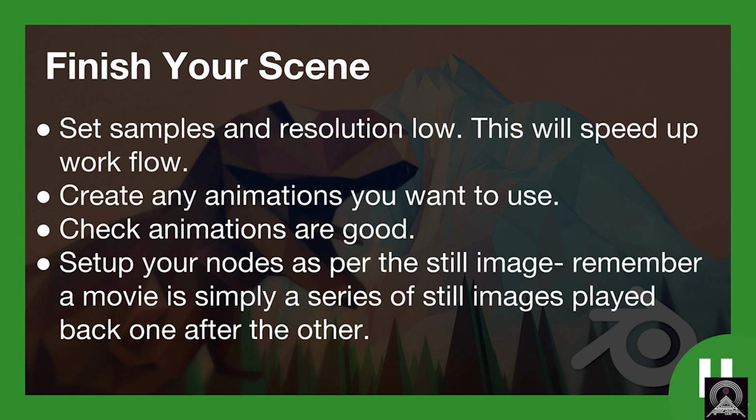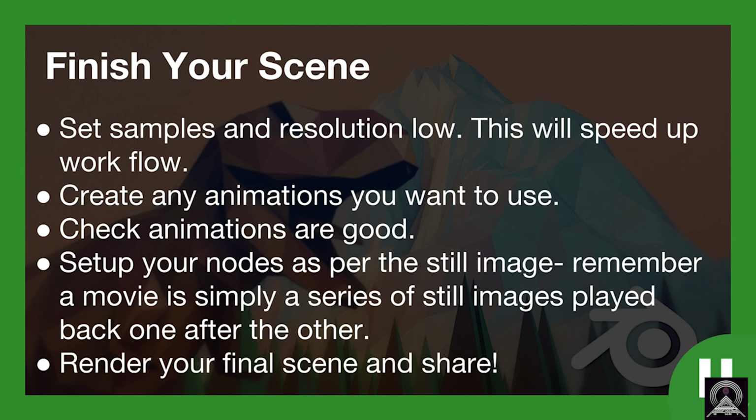Now, in this case, you could use that to move forward. However, I would recommend deleting what's currently there and setting it up afresh so you get the hang of putting these things together. Finally, up those samples, up that resolution, and render your final scene and share. Pause the video now and give that a go.